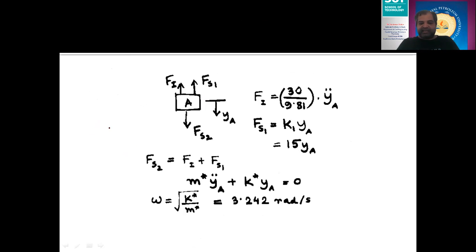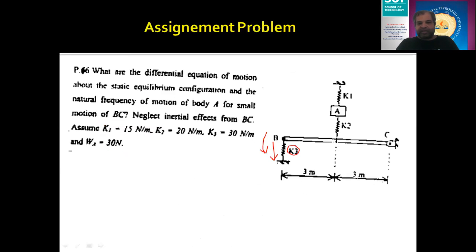Similarly, there is one more spring put here, spring number 2, which is attached here. As this lamina goes in this direction, the spring force will act in the opposite direction. So Fs2 also comes into the picture, in this direction.